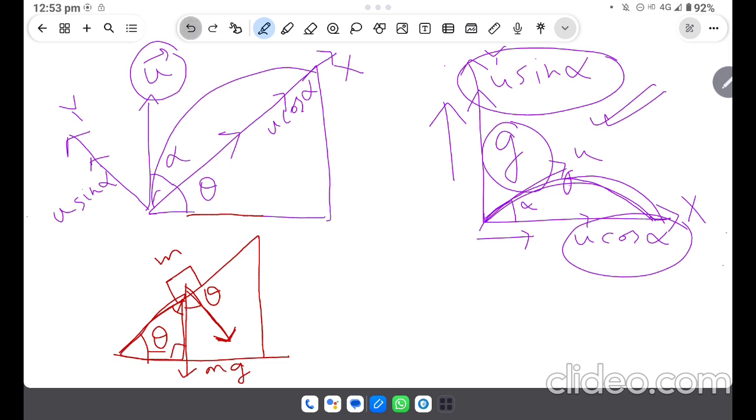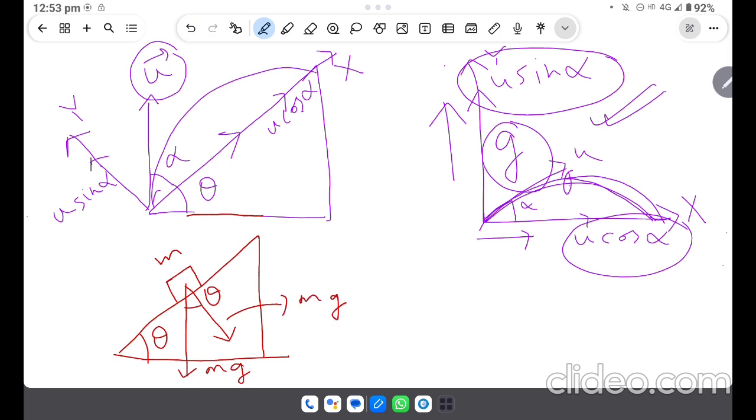So let's see. Okay, so if the mg is in the downward direction, so this will be the mg cos theta.